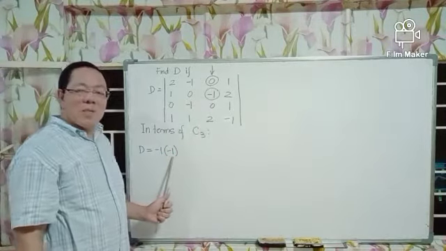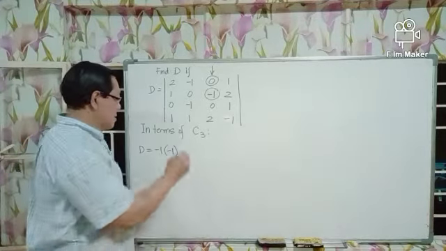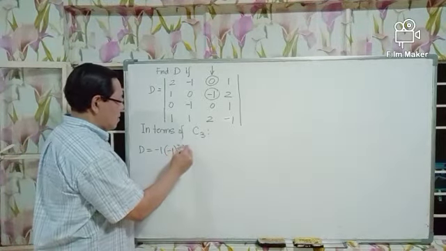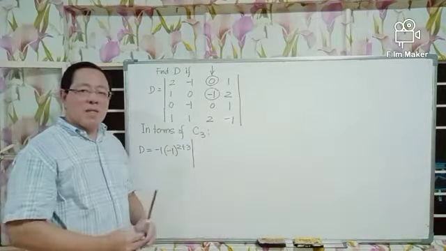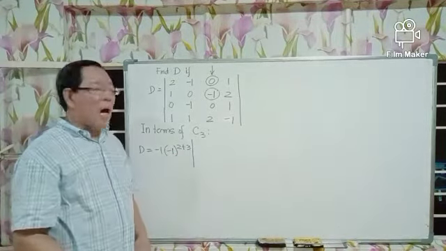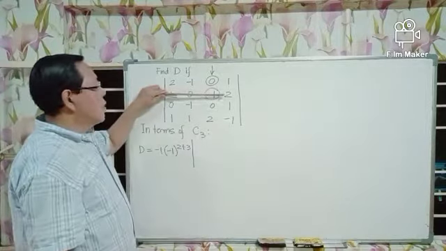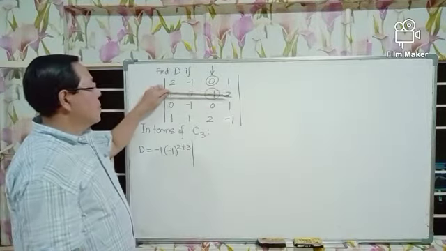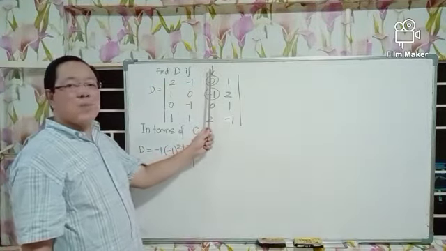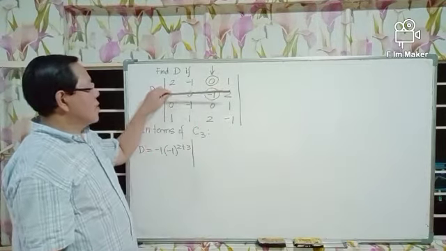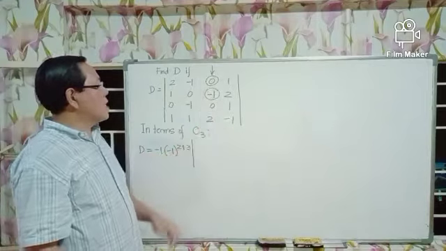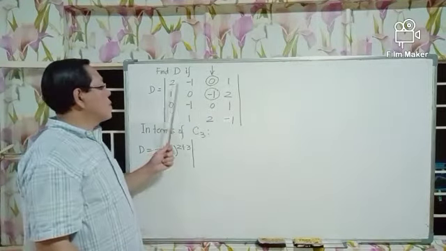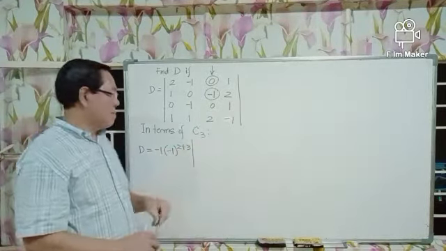So we raise negative 1 to 2 plus 3. And we multiply this by the determinant that remains after deleting row 2 and column 3. If you delete the second row and the third column, the entries that remain are 2, negative 1, 1.